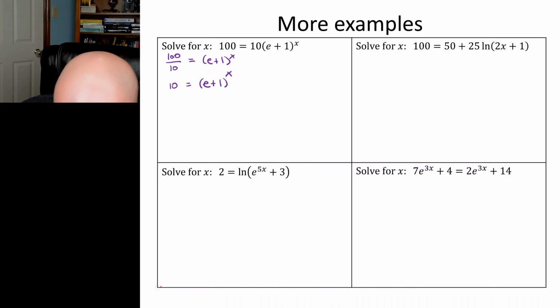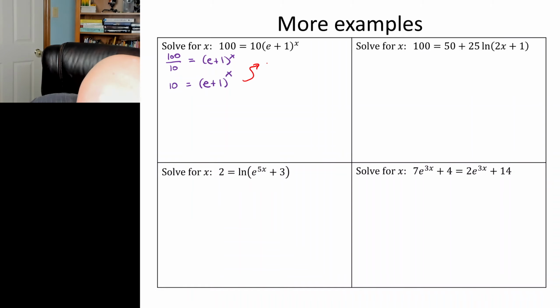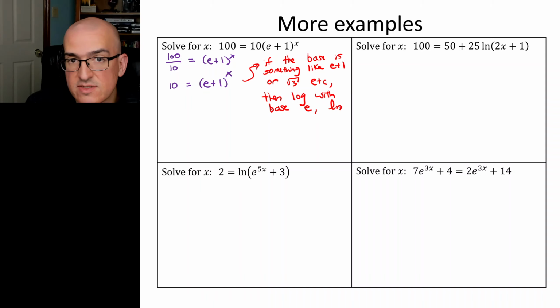So I'll write down: if the base is something like e plus 1 or square root of 3, etc., then log with base e. So ln both sides.